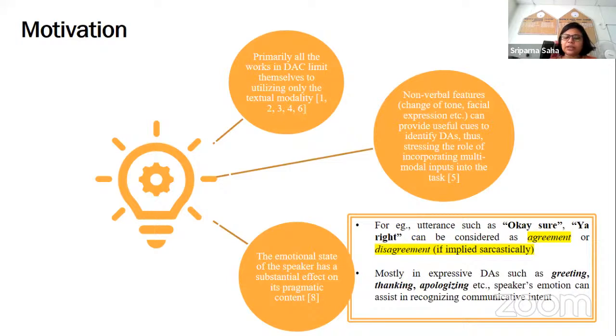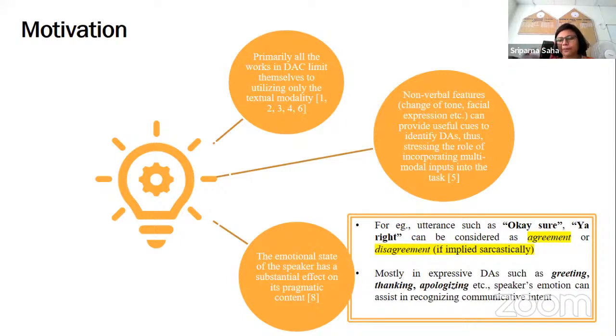Mostly in expressive DAs such as greeting, thanking, apologizing, etc., the speaker's emotion can assist in recognizing communicative intention. So especially in greeting, thanking, apologizing, there are two different meanings: either a positive meaning, or the user can mention them sarcastically. So in order to correctly identify the dialogue act, we need to understand the speaker's emotion as well.